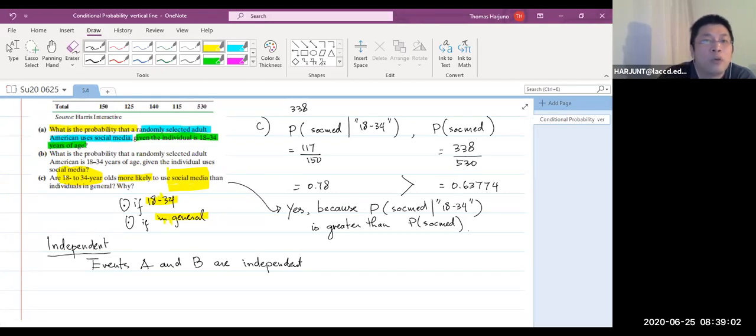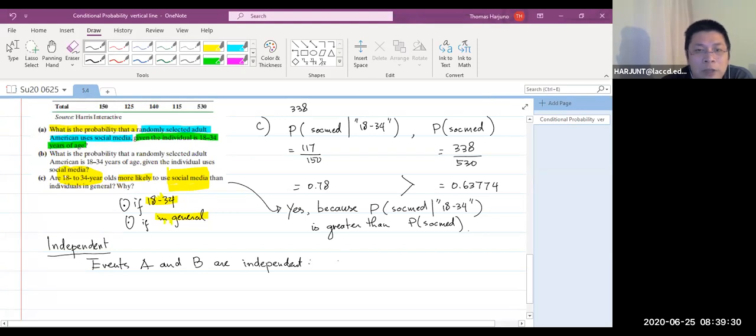Okay, now let's go back to 5.3. In 5.3, our textbook uses a formula that I didn't mention yesterday, and I don't think I needed to mention it until now. Of course, we know the definition of events A and B being independent, which means the occurrence of one event does not affect the occurrence of the other.